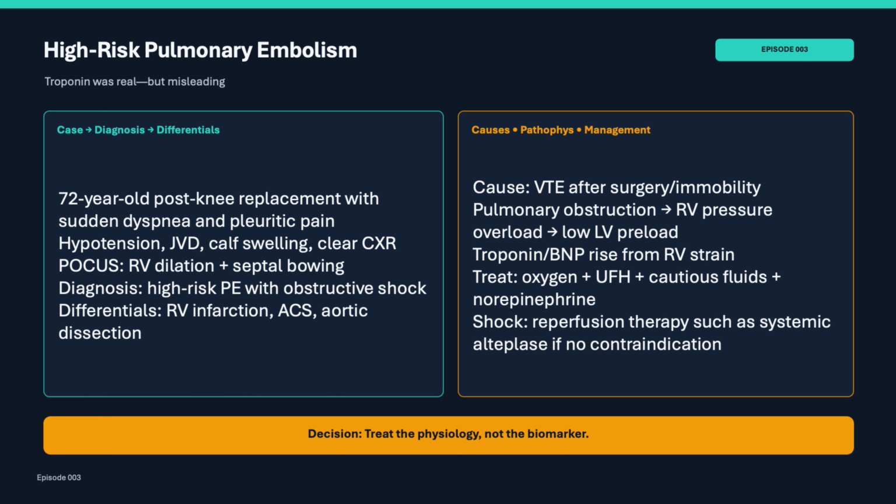Large indiscriminate fluid boluses can worsen right ventricular dilation and septal shift. A small, carefully assessed bolus may help selected preload-depleted patients, but norepinephrine is often needed when profound hypotension persists.